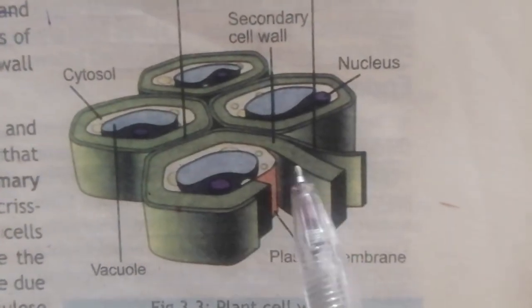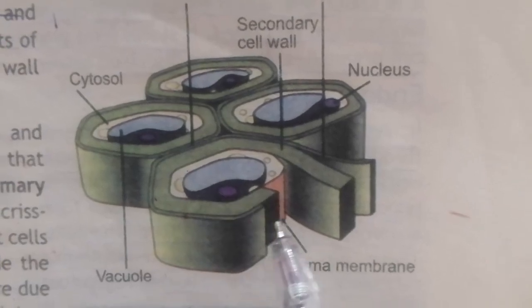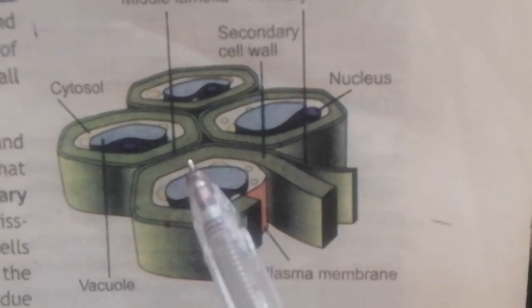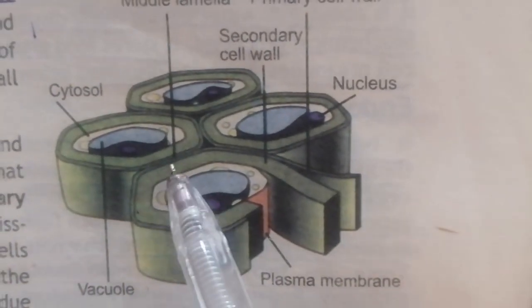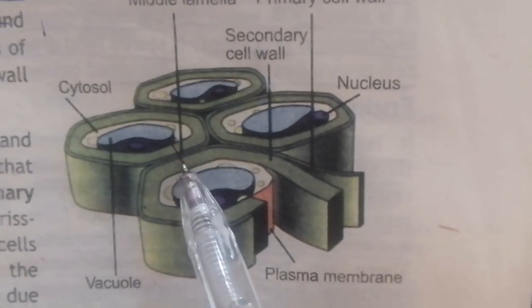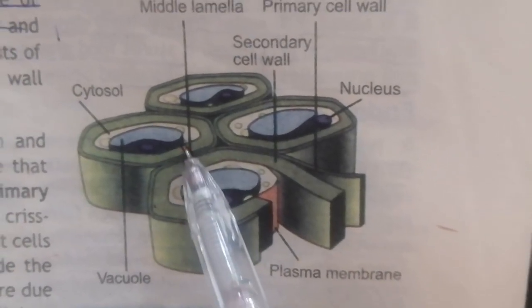Unfortunately, in this figure you cannot see those plasmodesmata connections, but for your convenience I can draw them between the two cells in this way.